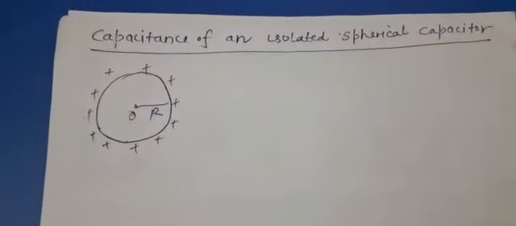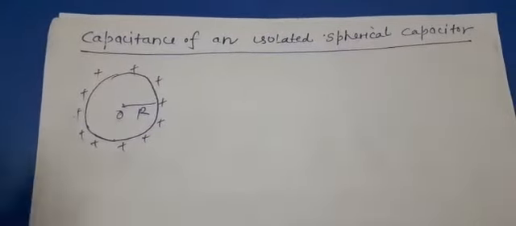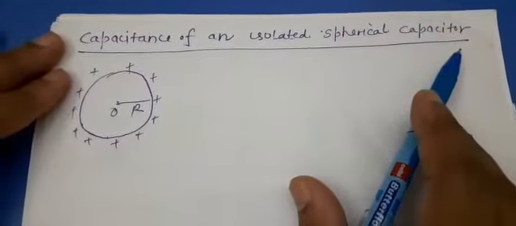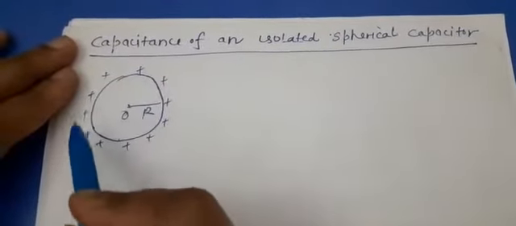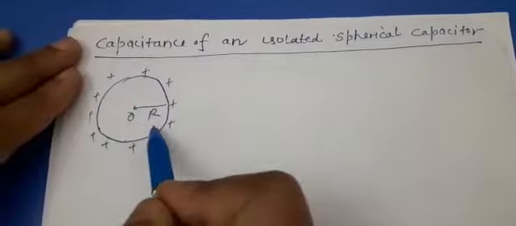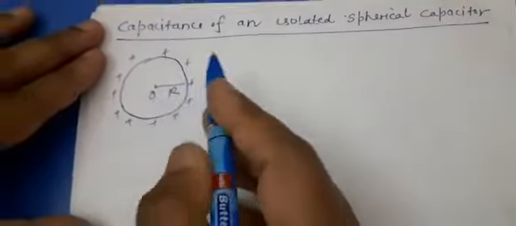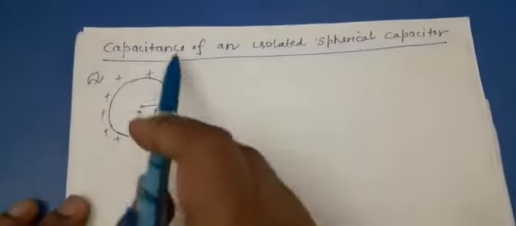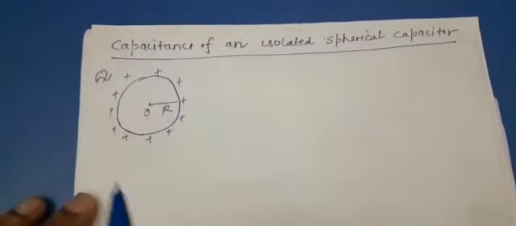Now, the next topic we are taking is to find the capacitance of an isolated spherical conductor. So, we are considering an isolated spherical conductor of radius R and center O. Let Q be the charge uniformly distributed over the entire surface.